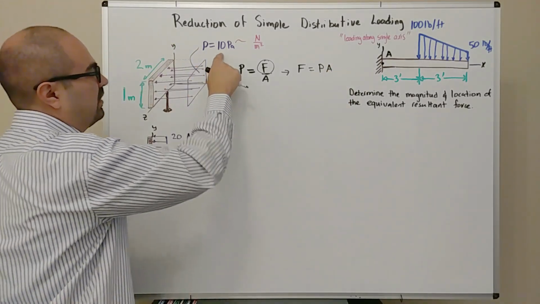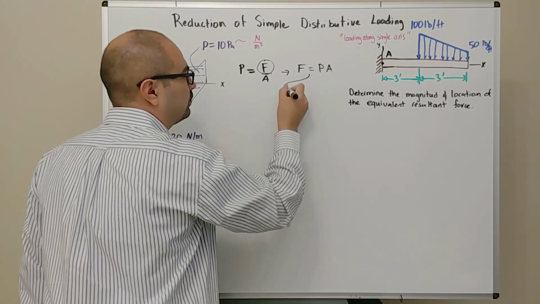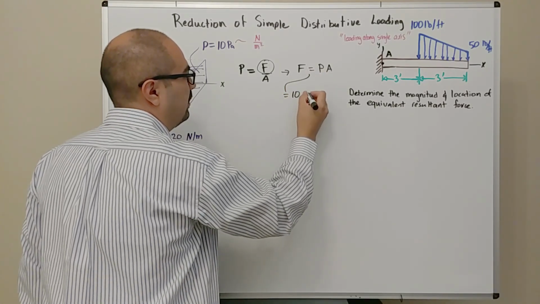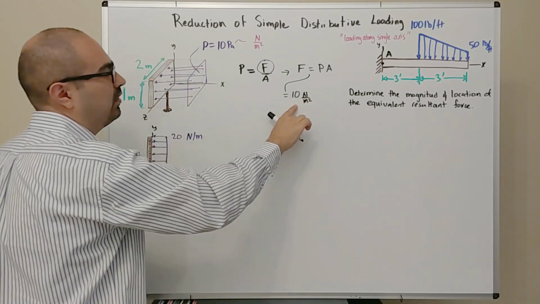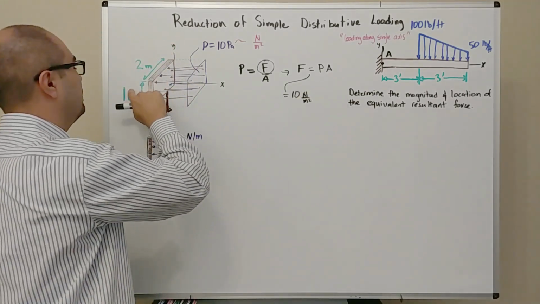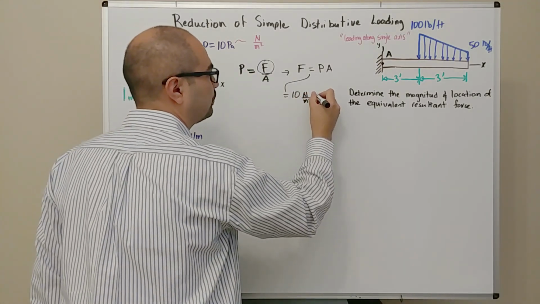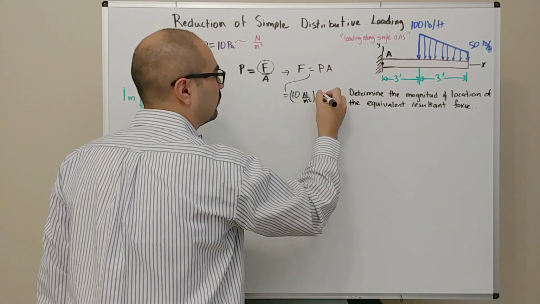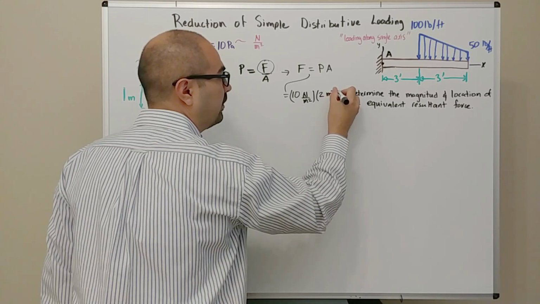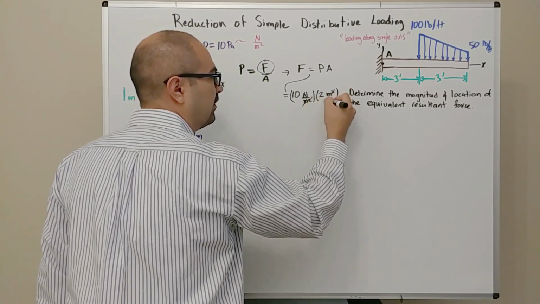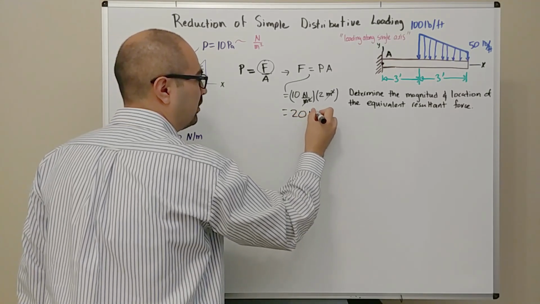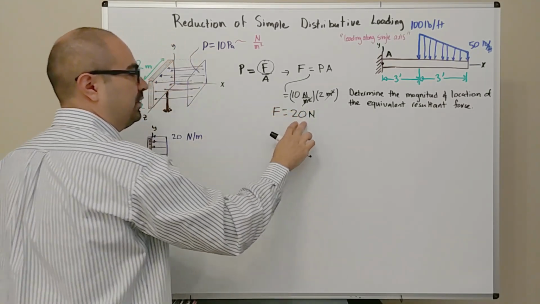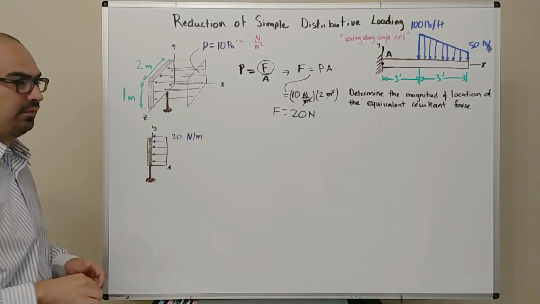Again, in this case, the pressure was 10 newtons per meter squared, or pascals. The area was 1 by 2, or 2 square meters. Here meters cancel with meters, and 10 times 2 is 20 newtons. And that's the force that's being exerted on the sign.